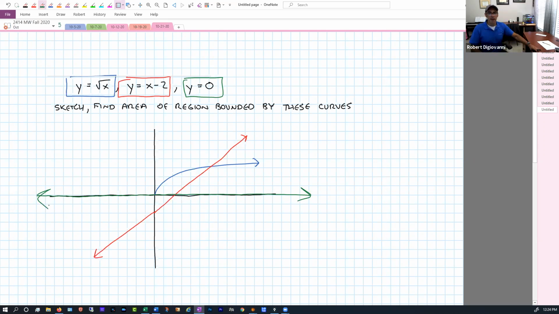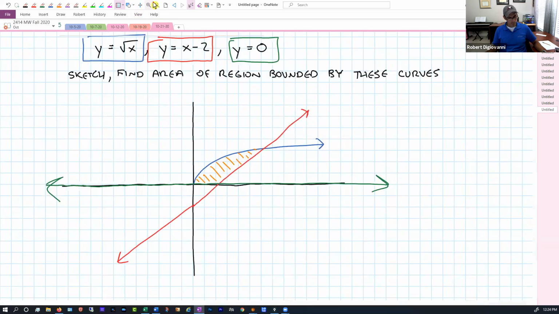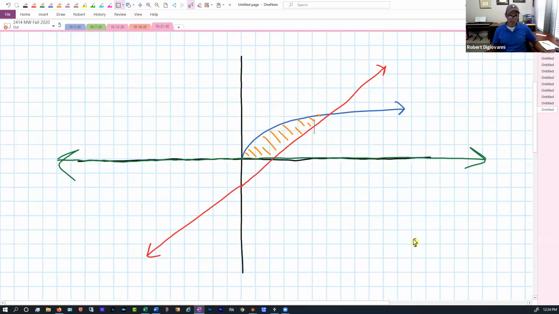Okay. Now, do you see the region bounded by all three? It's right in here. Right? That's the region bounded by all three. We're going to be putting rectangles in here, right?